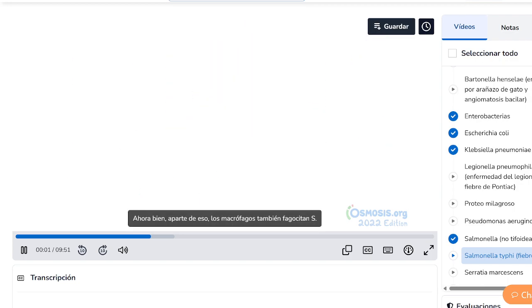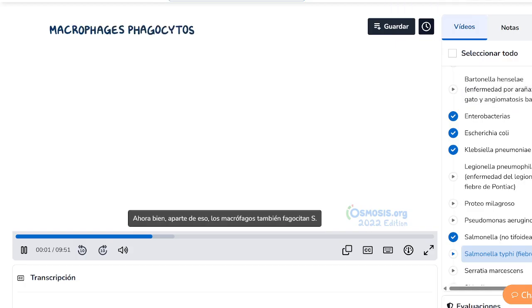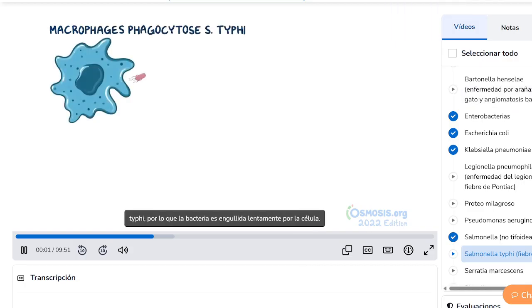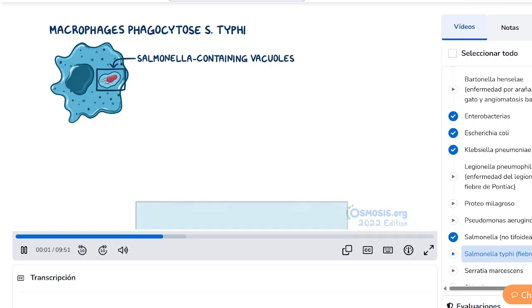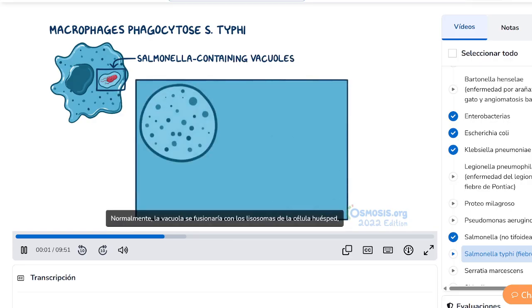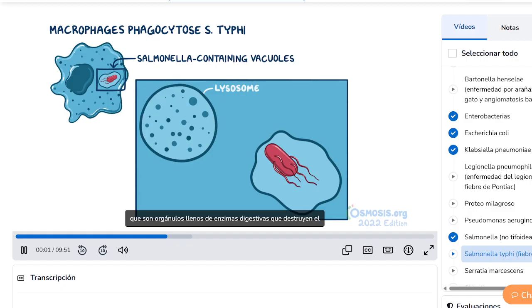Now, aside from that, macrophages also phagocytose S. typhi, so the bacteria is slowly engulfed by the cell membrane, which invaginates to form a sac on its inner side. The sac then separates from the actual cell membrane, forming what's referred to as a Salmonella-containing vacuole. Normally, the vacuole would fuse with the host cell's lysosomes, which are organelles filled with digestive enzymes that destroy the bacteria.